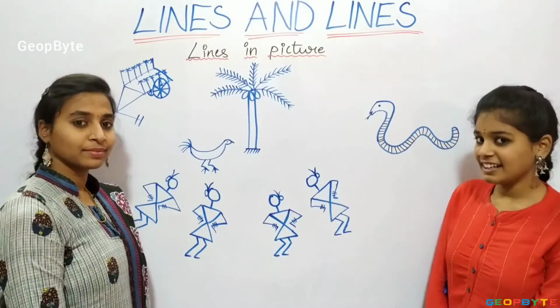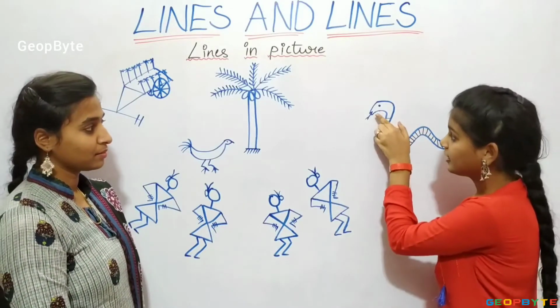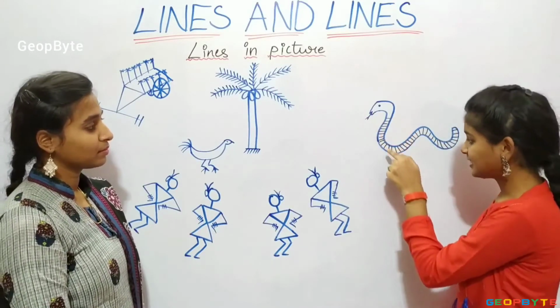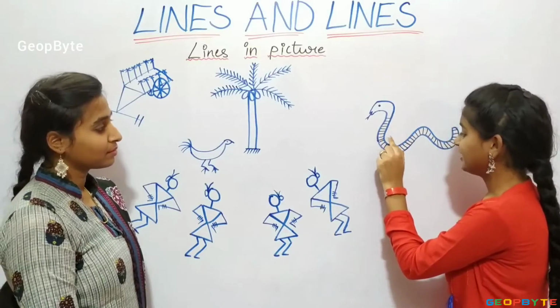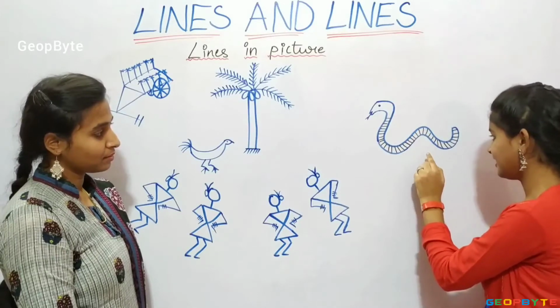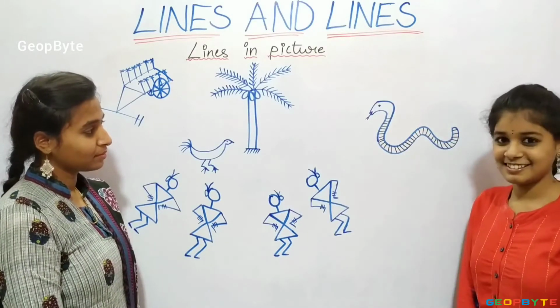There are 10 curves in this snake, and also there are 2 small curves here. There are few lines in this snake. Sleeping lines, slanting lines, standing line, slanting line, sleeping line.